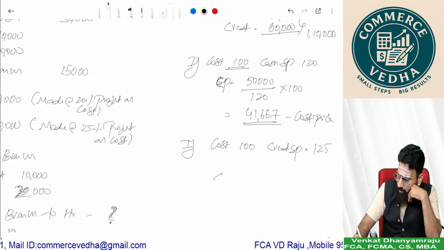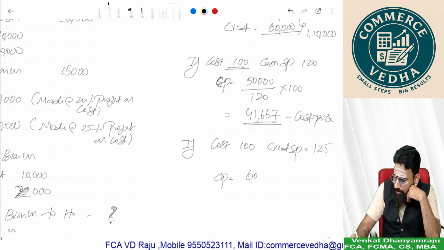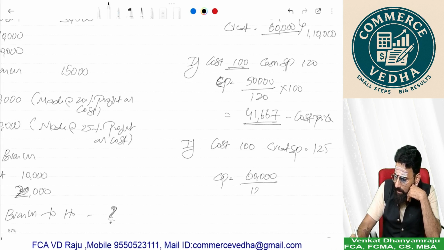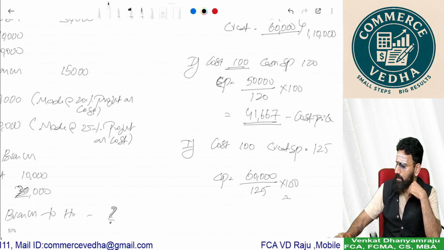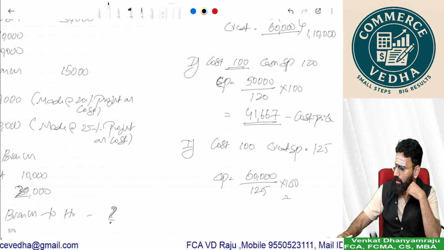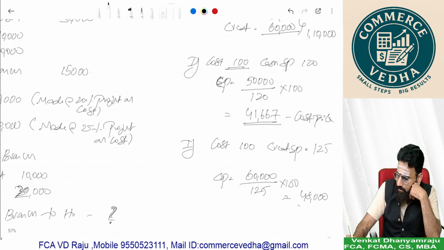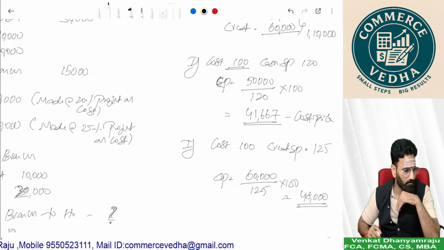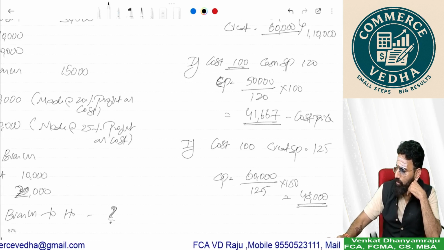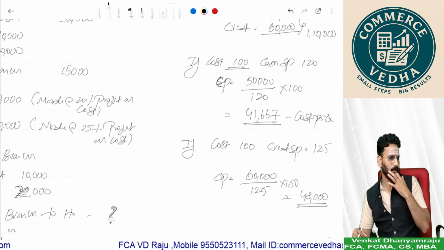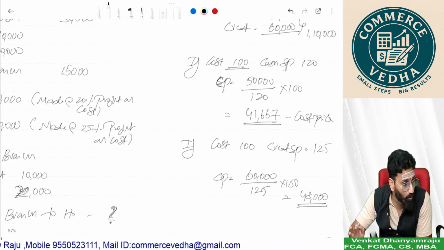So cost price here equals 60,000 by 125 into 100. So your cost is 48,000. Check, 48,000 into 1.25 is 60,000. So now you know the cost price of the goods sold.